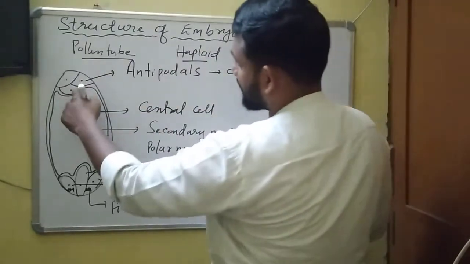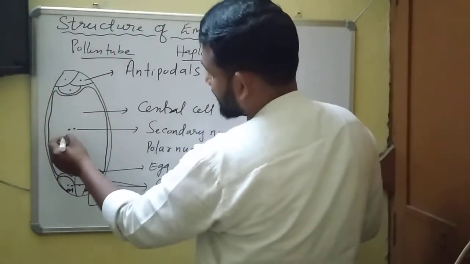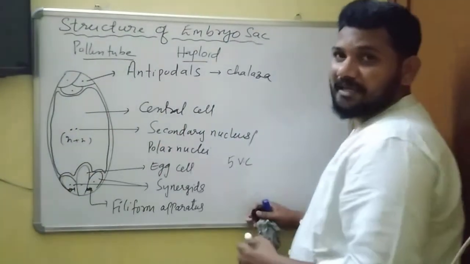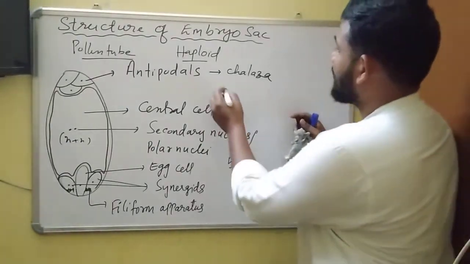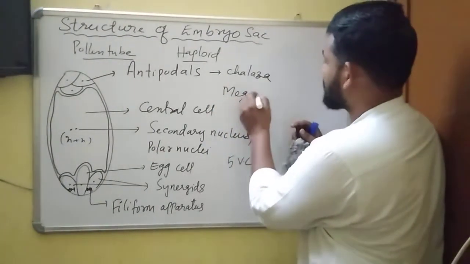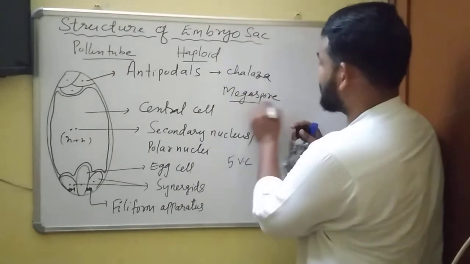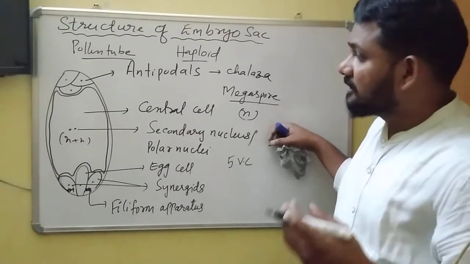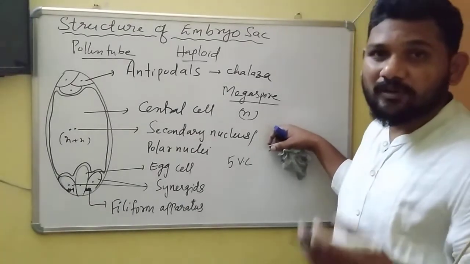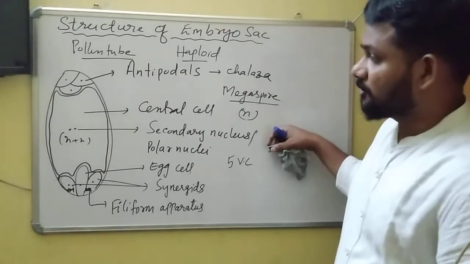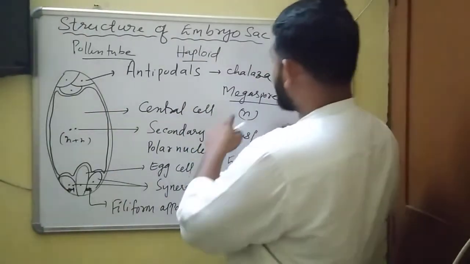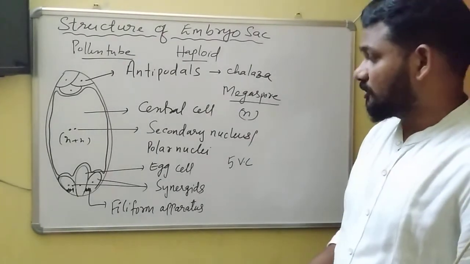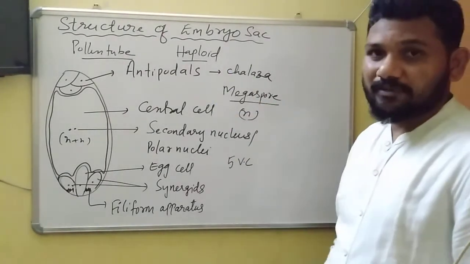The central cell has the n plus n condition, but these 3 are also haploid, because the embryo sac develops from the megaspore. The megaspore itself is haploid and develops into the female gametophyte, so the female gametophyte also possesses only one set of chromosomes. So this is the female gametophyte or embryo sac.